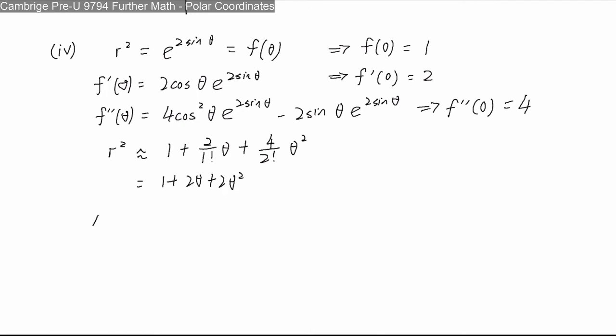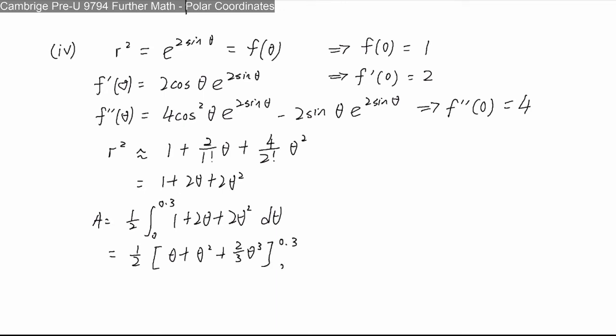So now if you want to find the area, it is to integrate half r squared d theta. So just use the r squared that we have derived here. The area that we're looking at is from 0 to 0.3, as stated in the question. This is not difficult to integrate. We all know how to integrate this one.